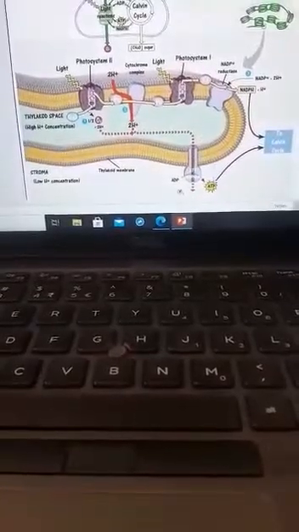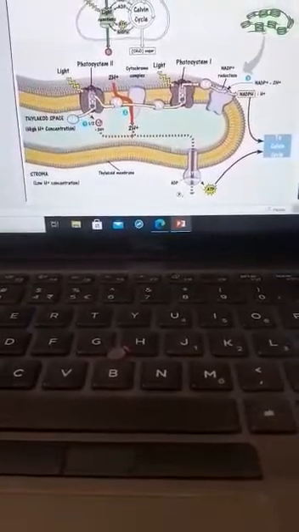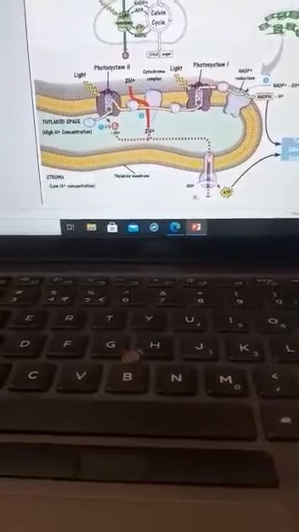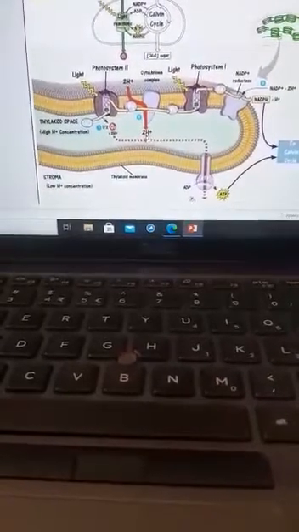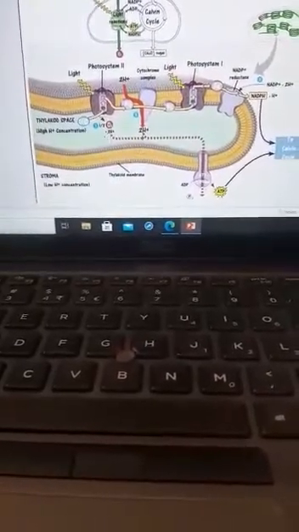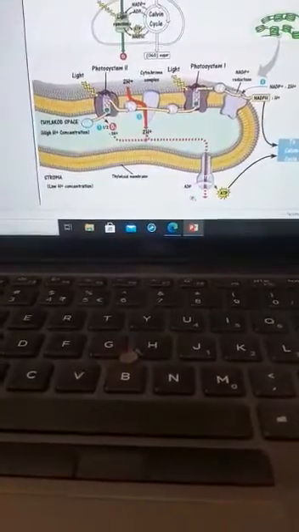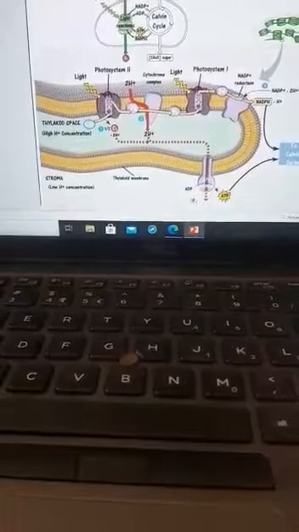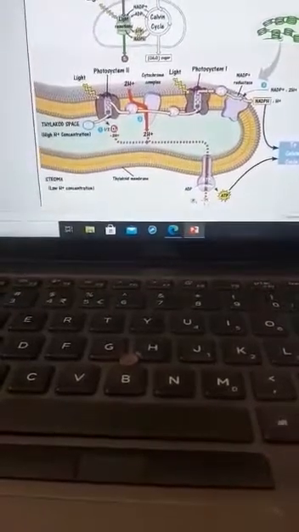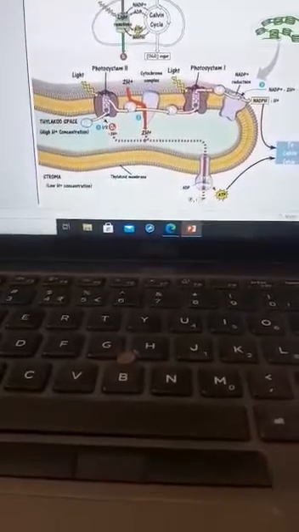It's embedded within the membrane. Within it, it has got a channel, a pore that can allow these hydrogen protons to move through it. So these protons can't move through here, they can't move through there, but they can move through this channel created by the membrane ATPase.